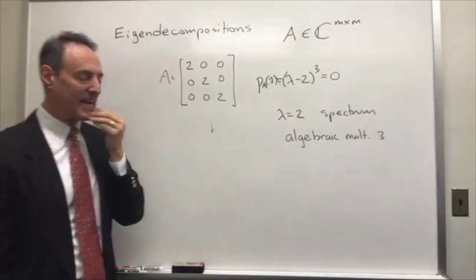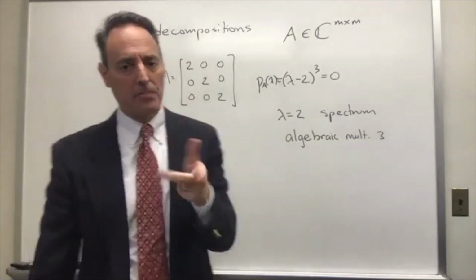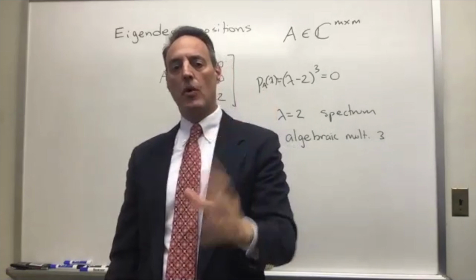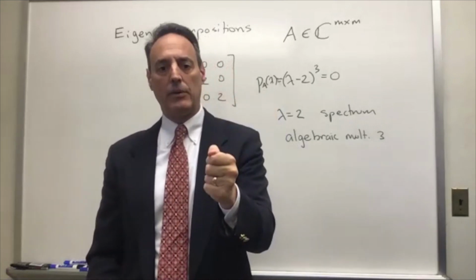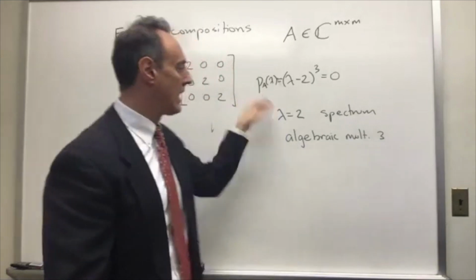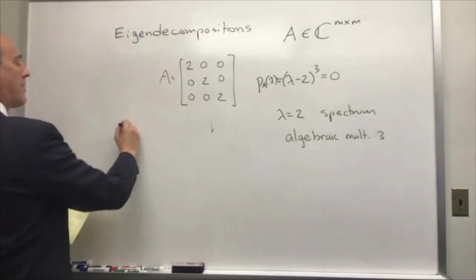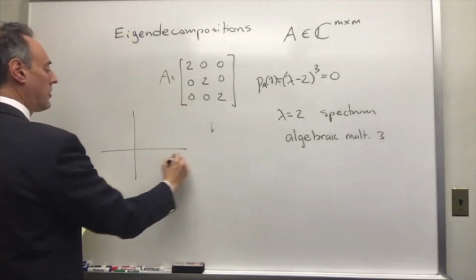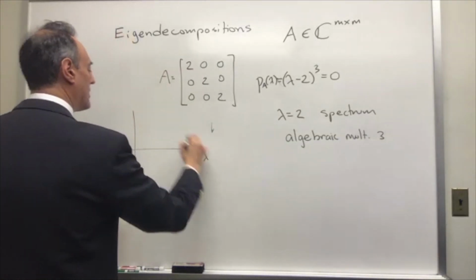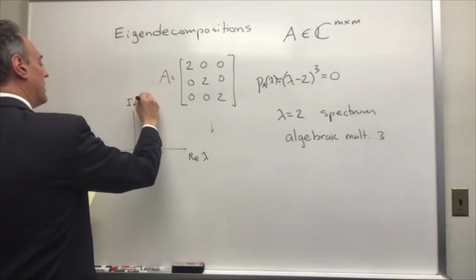And here's what's interesting about this problem. You could say, I have these 3 eigenvalues that are all sitting at lambda equals 2. So one way to plot this is, here's your real of lambda, imaginary of lambda.